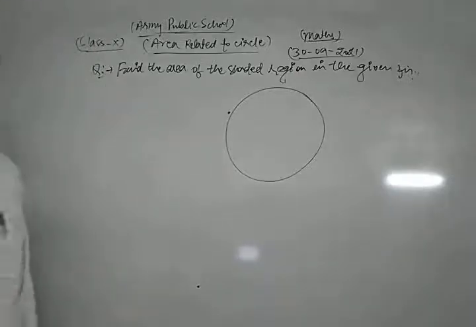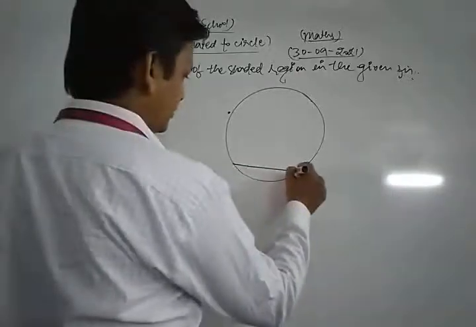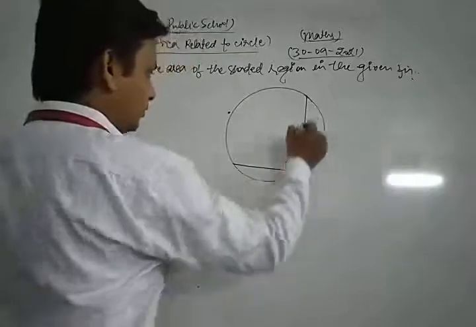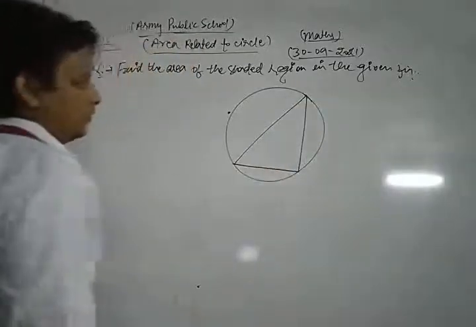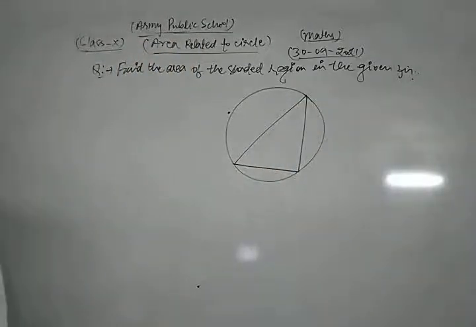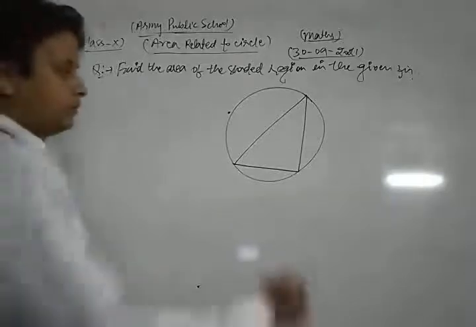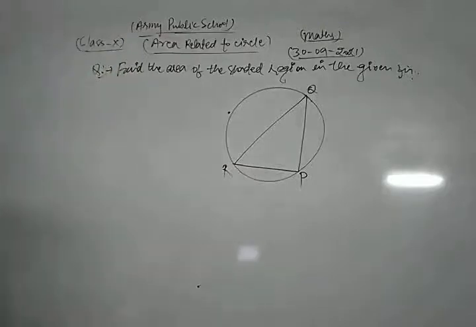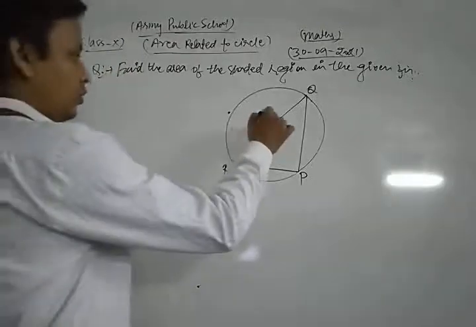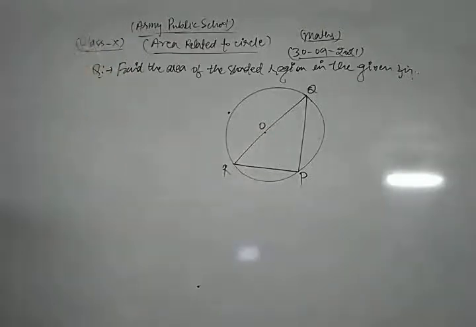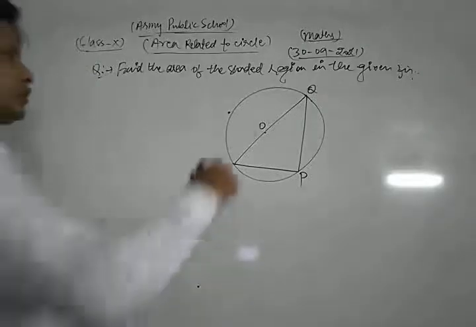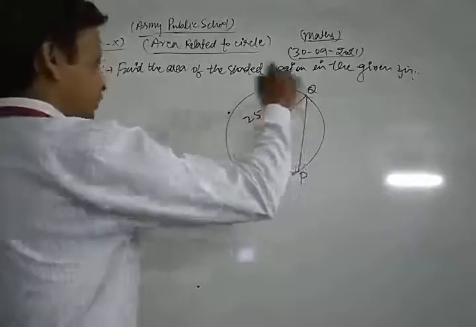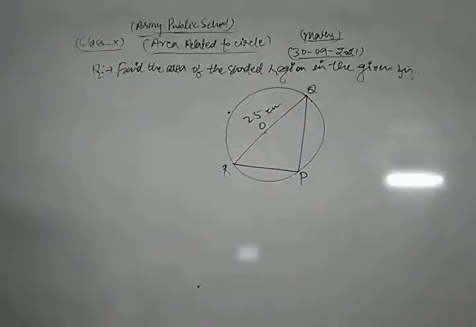This is a circle. This is a right angle triangle inscribed in the circle. This is P, Q, R. This is the center of the circle O. This is 25 centimeter.